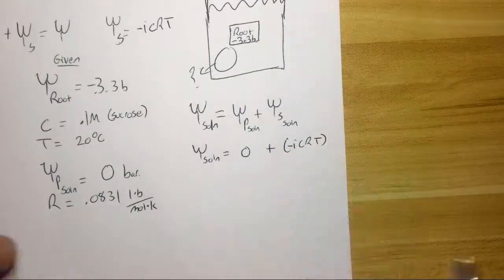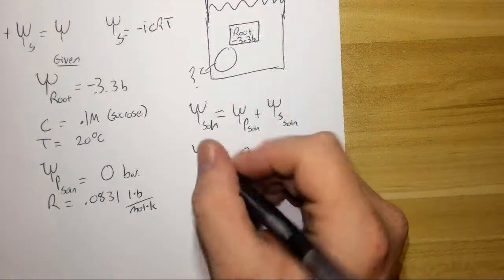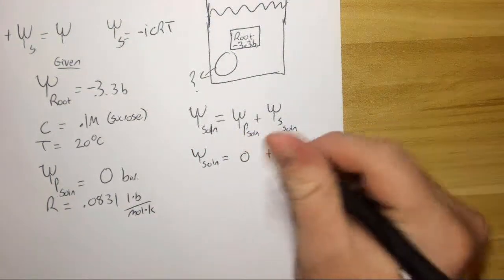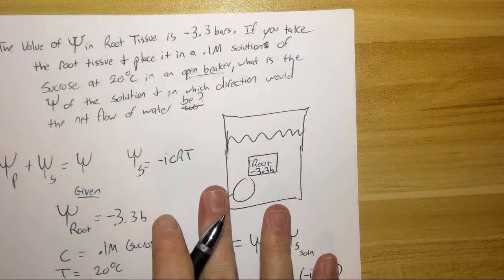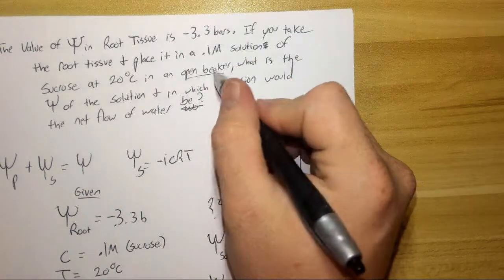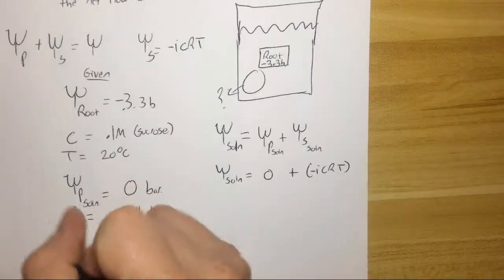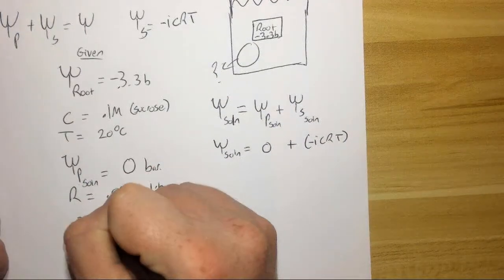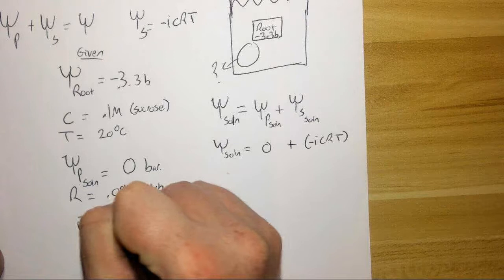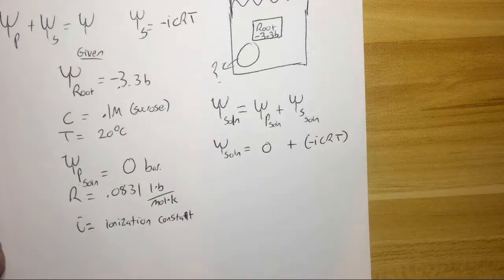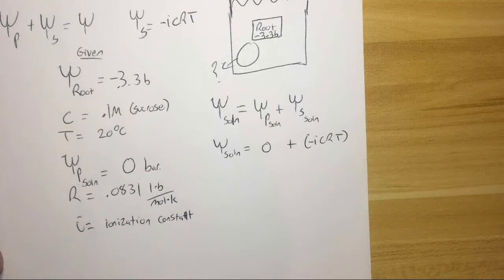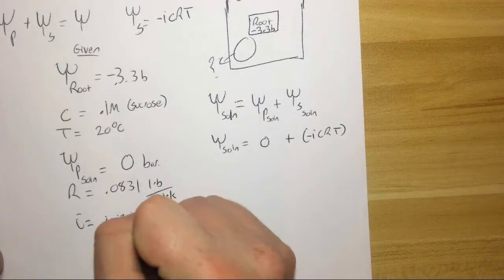So let's look here and let's walk through it. So you're going to go, hey, Mr. Jennings, we don't know what i is. That's why we're going to come back up here. So the fact it tells us is sucrose. Remember, i is the ionization constant. And for most purposes, the ionization constant is either 1 or 2.